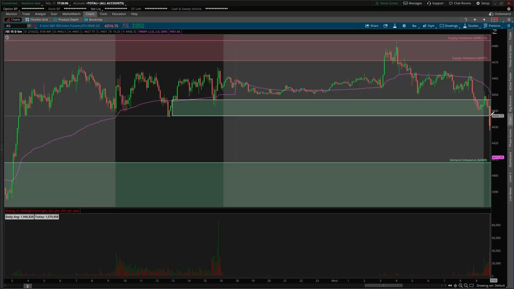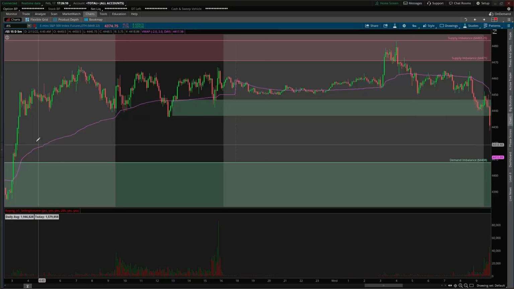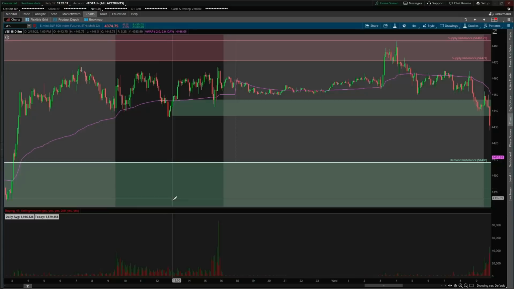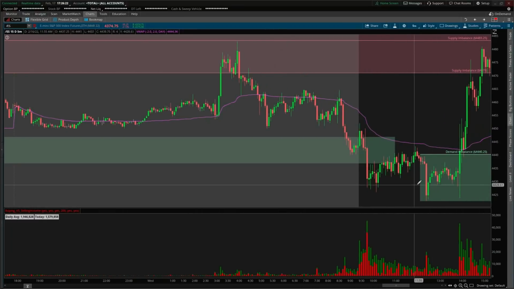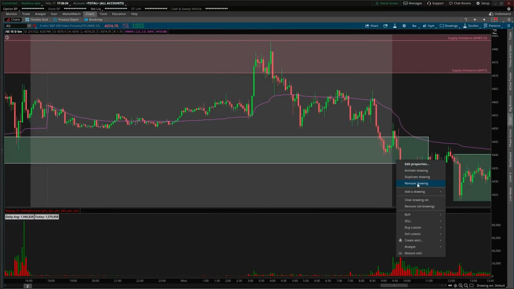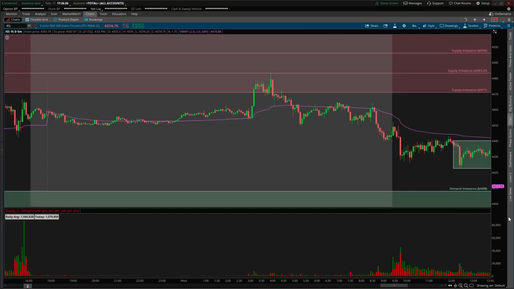I took it short below this demand zone, or not right below it, but inside of it, targeting this 4408 demand zone. The same setup that we took on Thursday, I took on Wednesday, but Wednesday it didn't work out. I played puts, took a short here, and the market eventually consolidated. It failed to continue lower below that demand zone, failed to hit that 4408 demand zone.